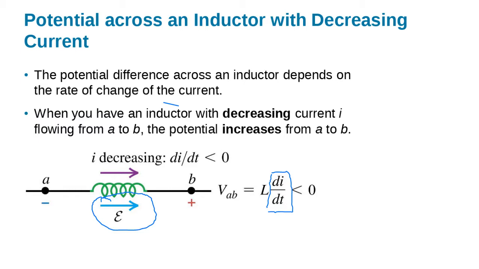So again, this EMF is opposing the decrease in current that we've got. The current is decreasing in this direction, and so we get higher potential on this side to oppose that decrease in current.